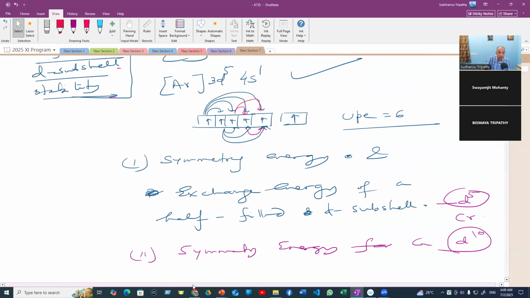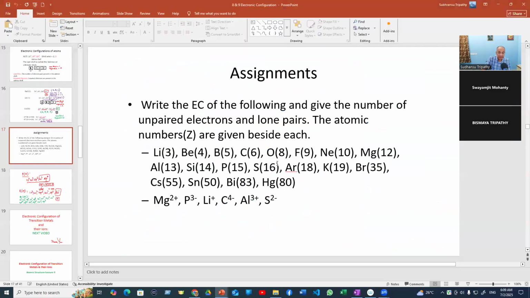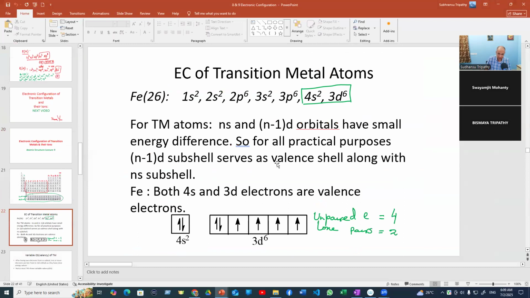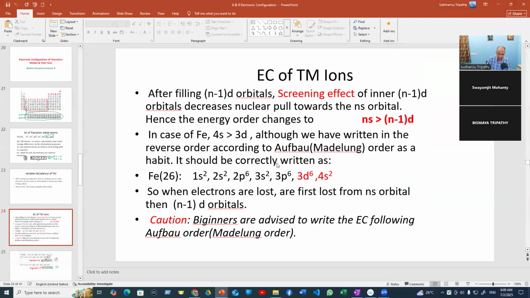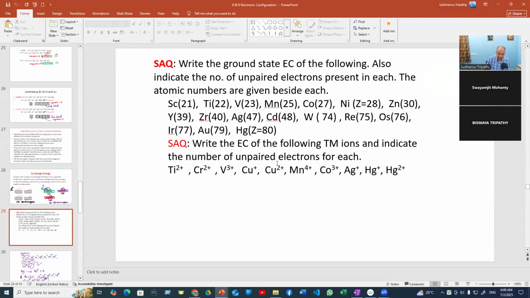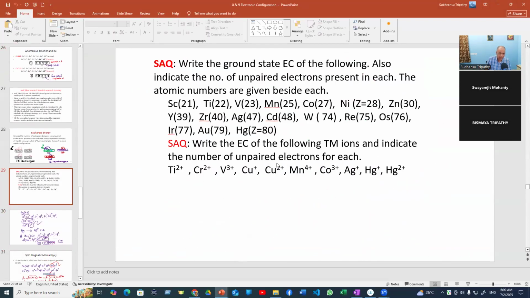Now, coming to the individual series. This we have already done. Transition metals we have already done. You will find, these ions you have to write down. I have told you to write the configuration of all the neutral atoms, but these are the ions. Or you can find in a book any ion, transition metal ion or normal ion, plus or minus.